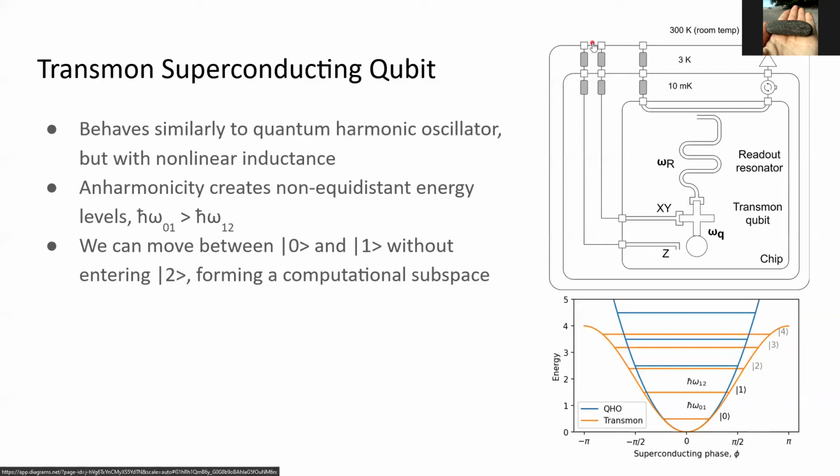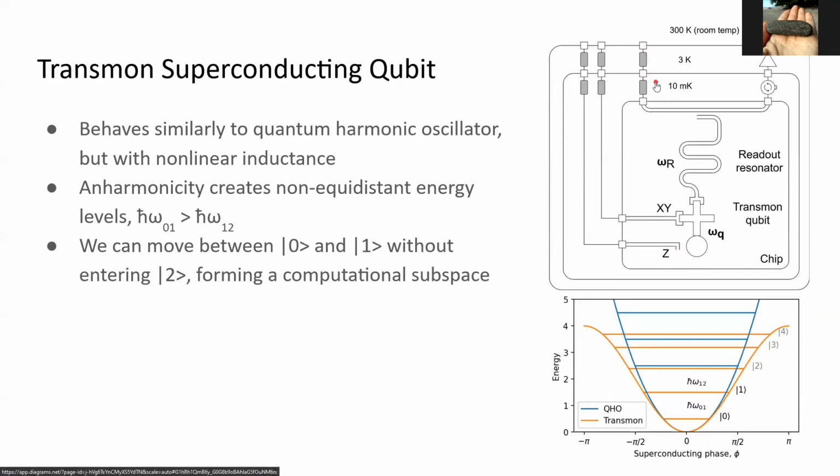On the diagram up here, we have a number of inputs and outputs. There's the XY input, which is used to rotate the qubit state around the XY axis. And there's another Z input, which is used to rotate it transversely, but we're not going to be really addressing that here. There's also a resonator, which is coupled to the qubit and is used to read out the state of the qubit.